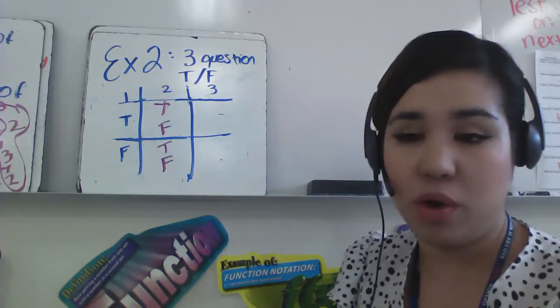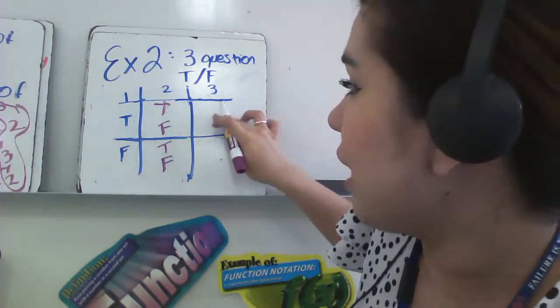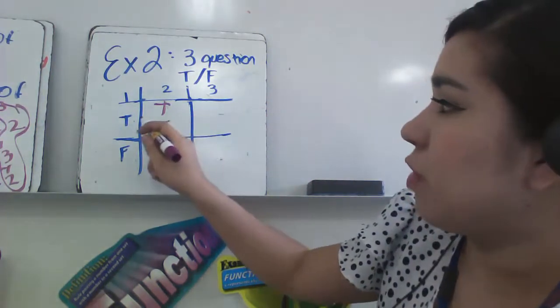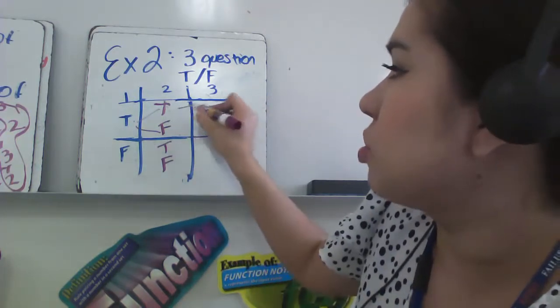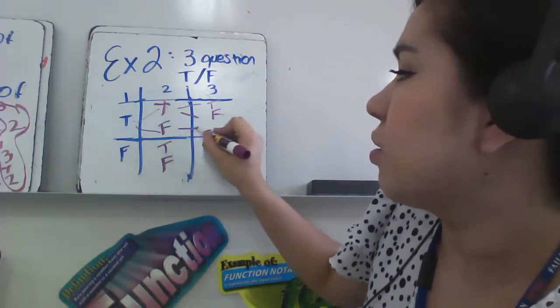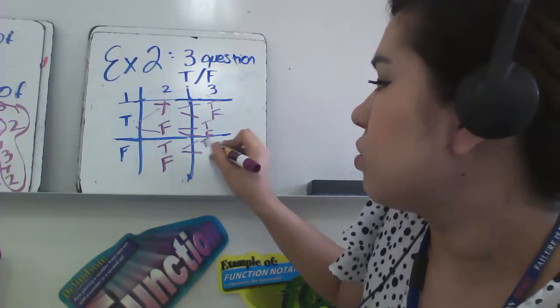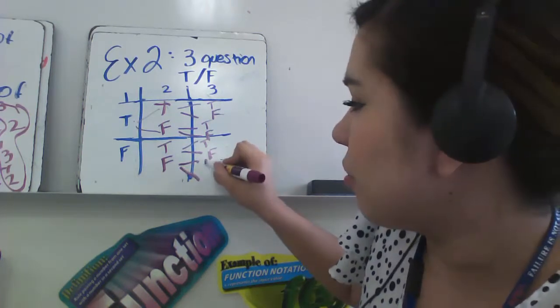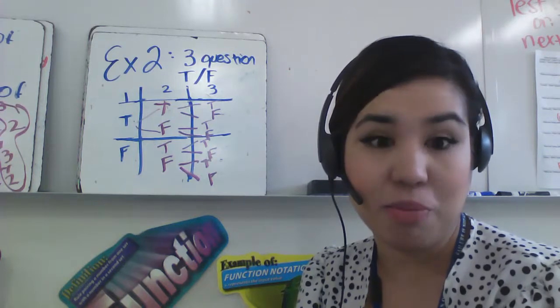For the third question, I have true or false again, but it's following like this. Since I already answered true, I have the option of answering true or false, and then the third one can be true or false, and so on. So it's kind of like a table combined with a web.